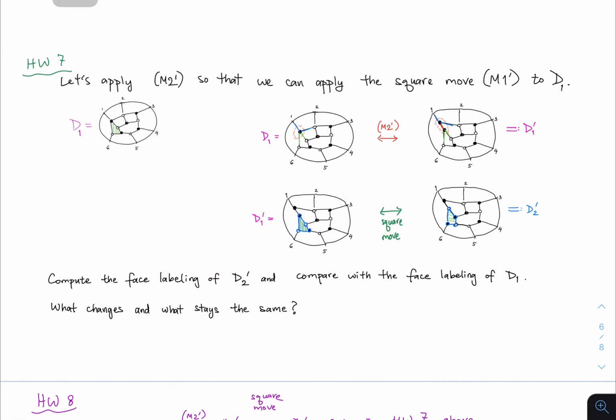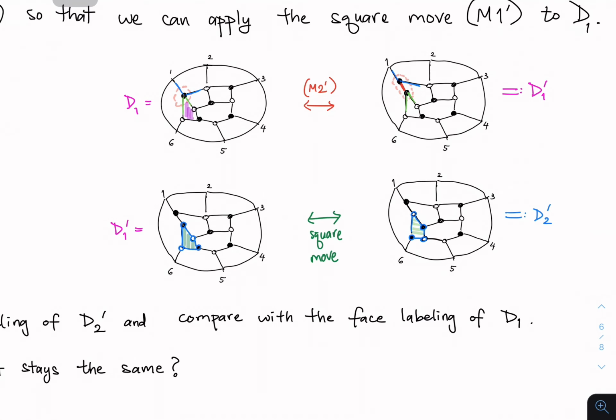And here is again an example of how we first apply M2 prime before you can apply a square move. I start with this D1, and I want to apply the square move on this square, but right now this vertex has degree 4 instead of 3, so I apply M2 prime by adding this new edge in red, and I'm calling it D1 prime.